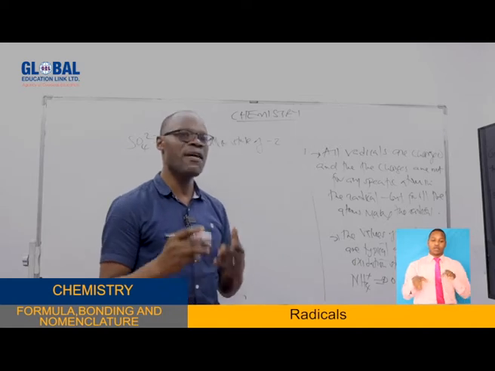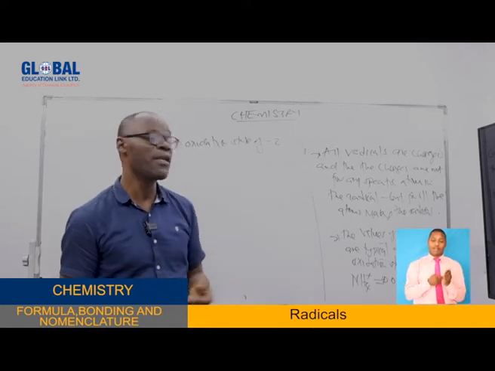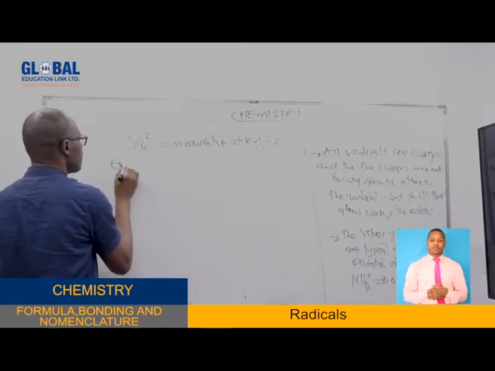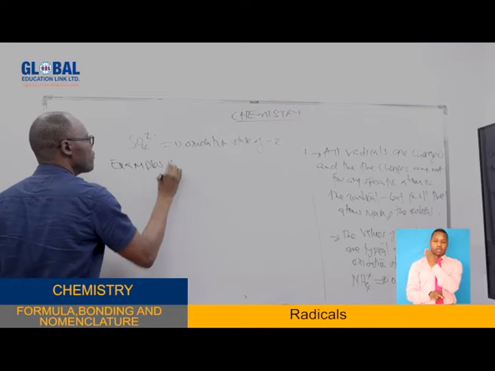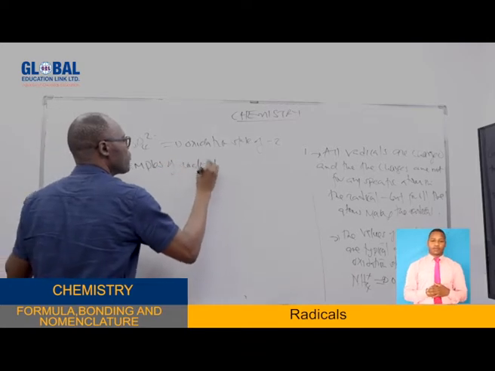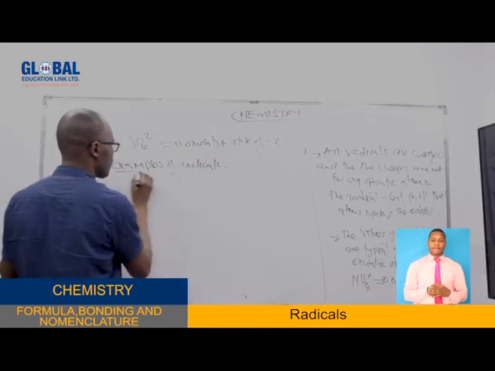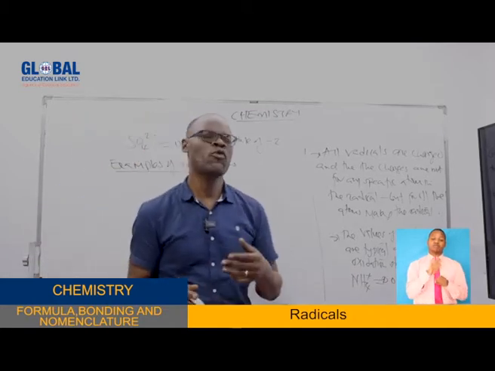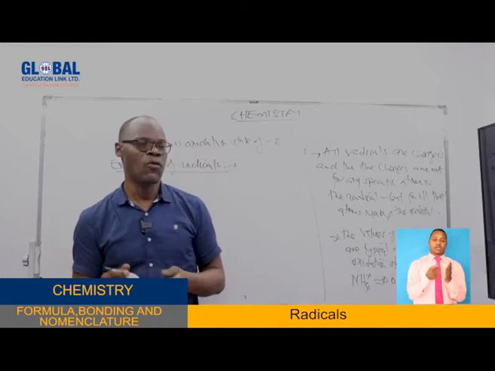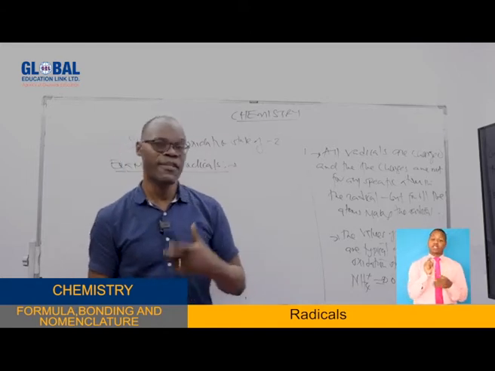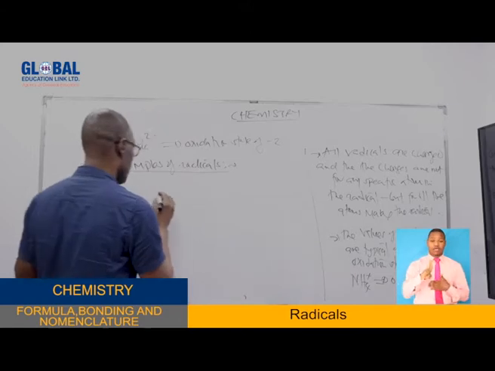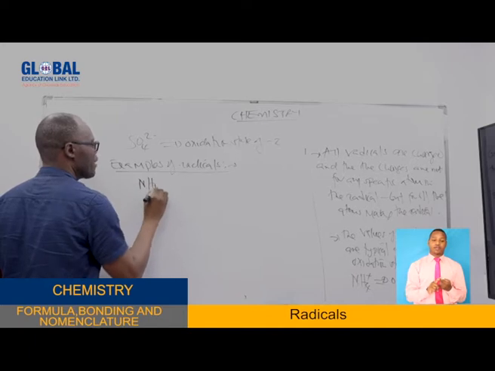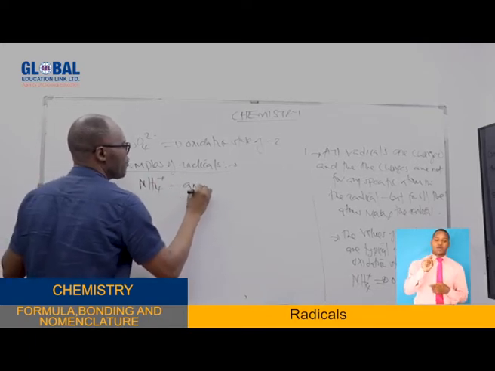Well, let's try to look at examples of radicals that are very commonly used and that we can be able to know. There are so many radicals that you can mention, but you can just mention a few. Remember, when you write a radical, you must write its charge. We have the one we have just talked about, which is ammonium radical.